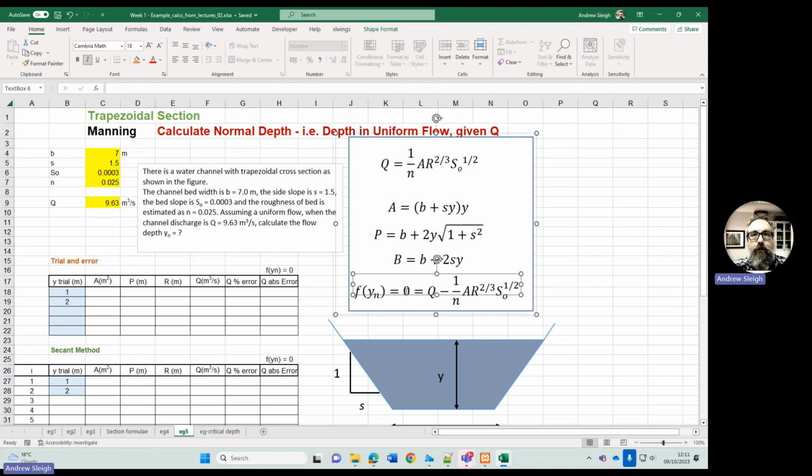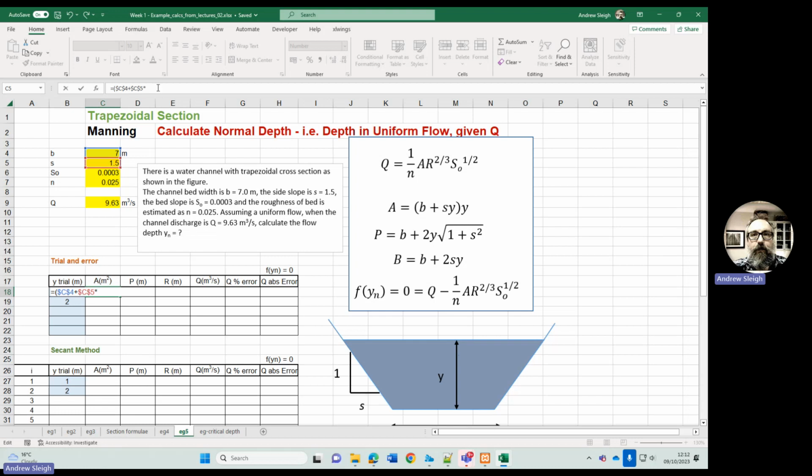So that formula equals 0. We just apply this iterative method again, as we've done before. We're going to put in the formula for the area in here, which is B as a constant plus S, side slope as a constant, times our guessed value of y.